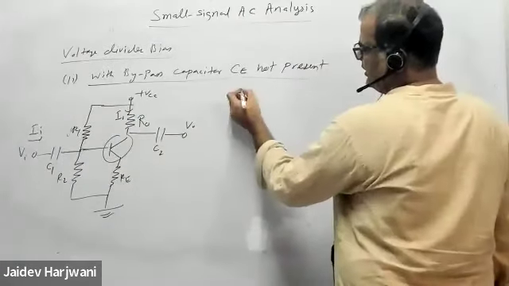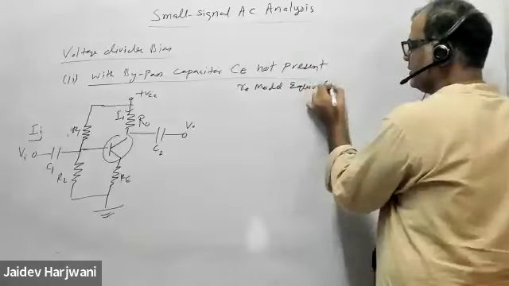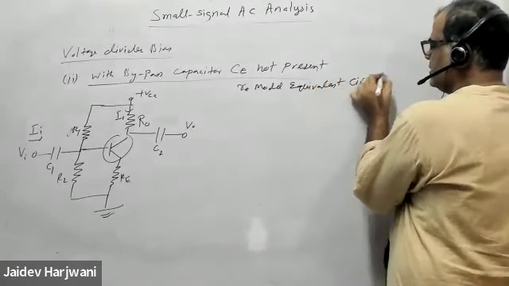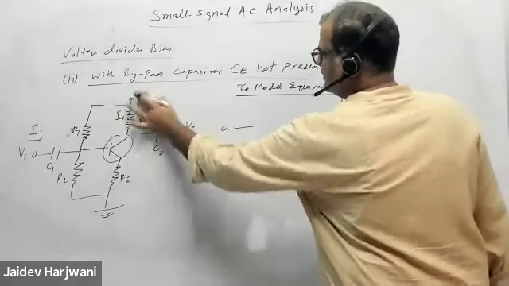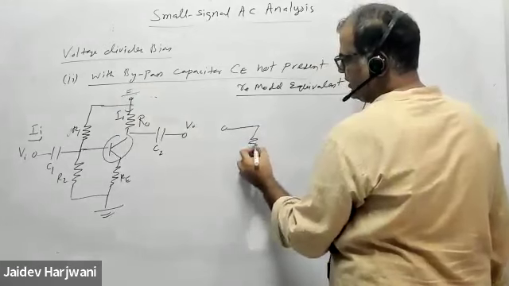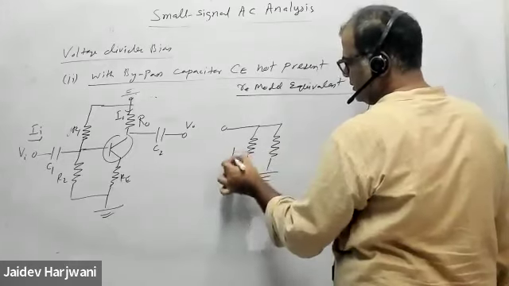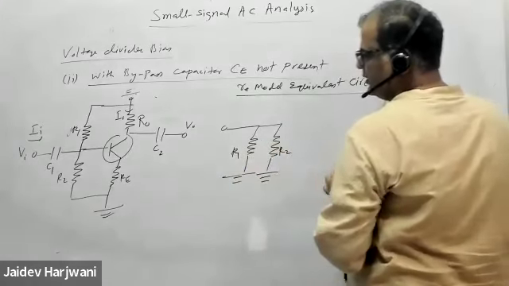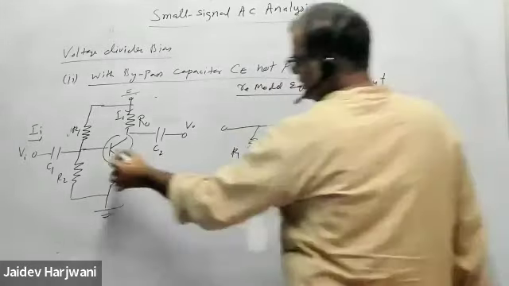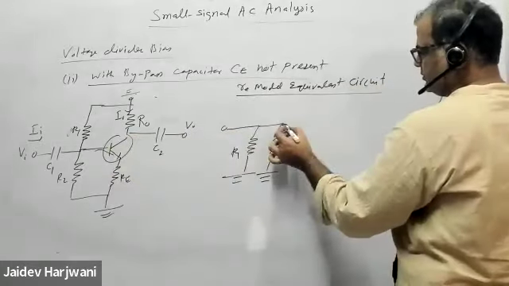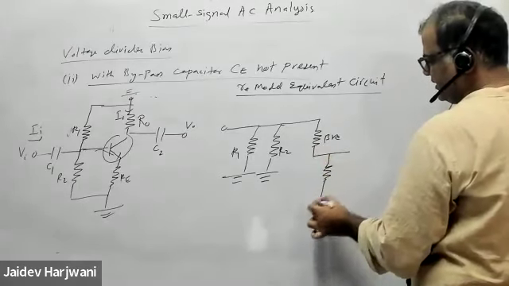So the RE model equivalent circuit. This will be grounded. Again R1 will come here. Again this is beta RE. Here you have a RE.